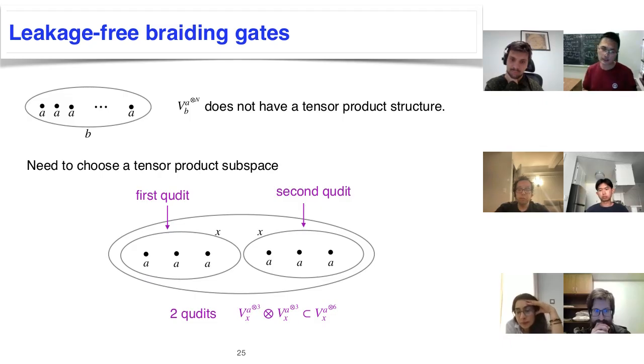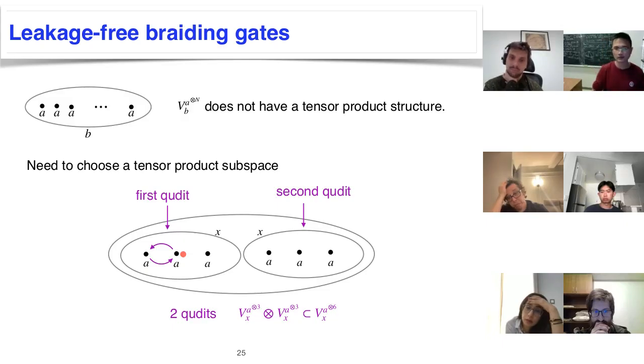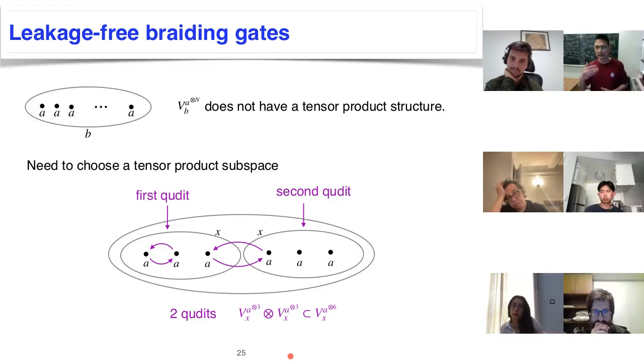But the problem is that these subspaces live in the larger space of multiple anyons. When we braid these anyons, well, sometimes it's good. For example, if we braid anyons within the same group, then it just induces a unitary transformation on that qubit. But if we braid anyons from different groups, then this only induces a quantum gate or unitary transformation on the larger multiple anyon space.